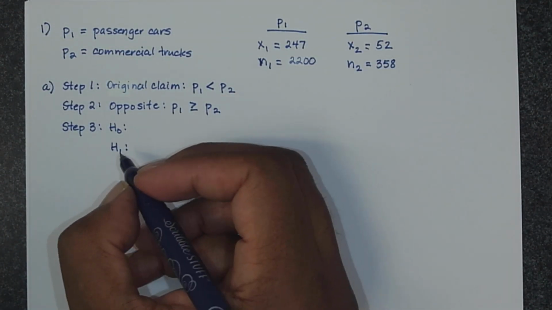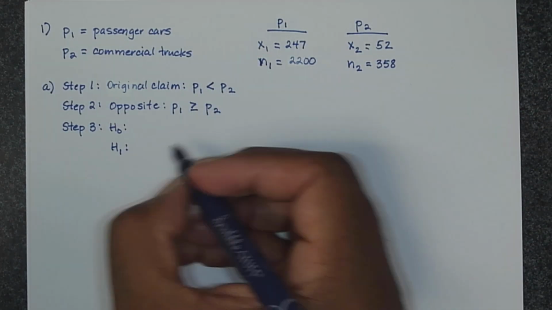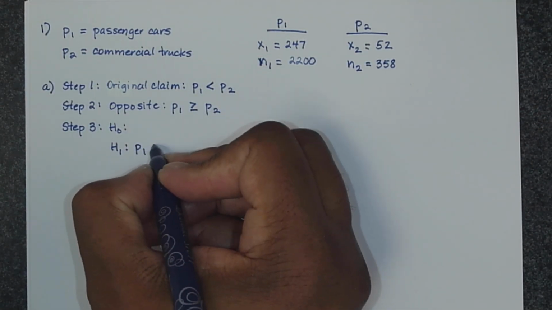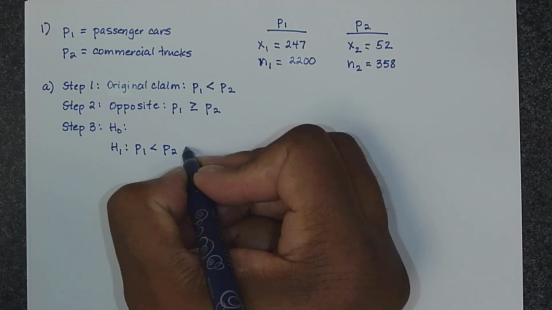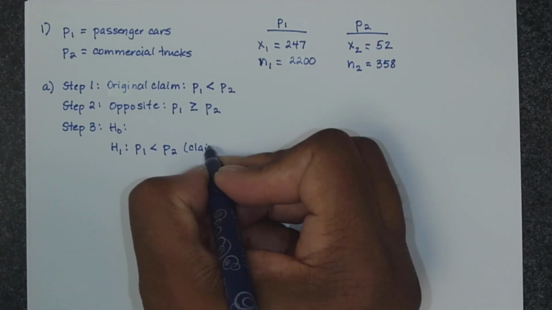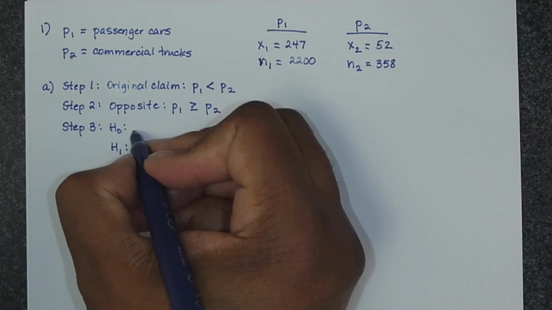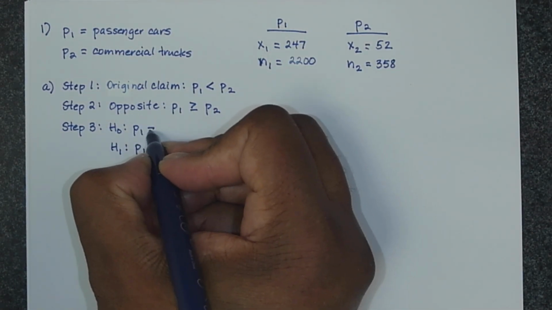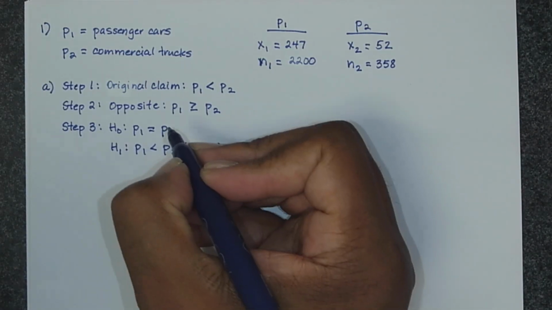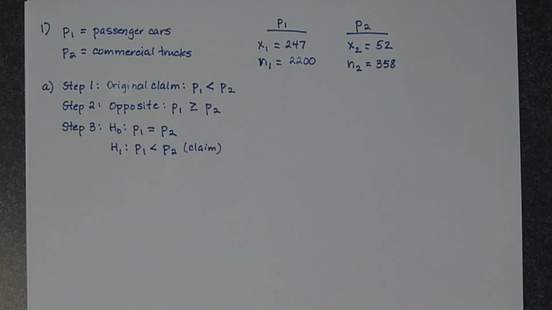The one that will have to be the alternative hypothesis is that claim right there. P1 is less than P2. This will be the claim. The null always has the equal to sign in it, so P1 equals P2. That's always the case for the null hypothesis.